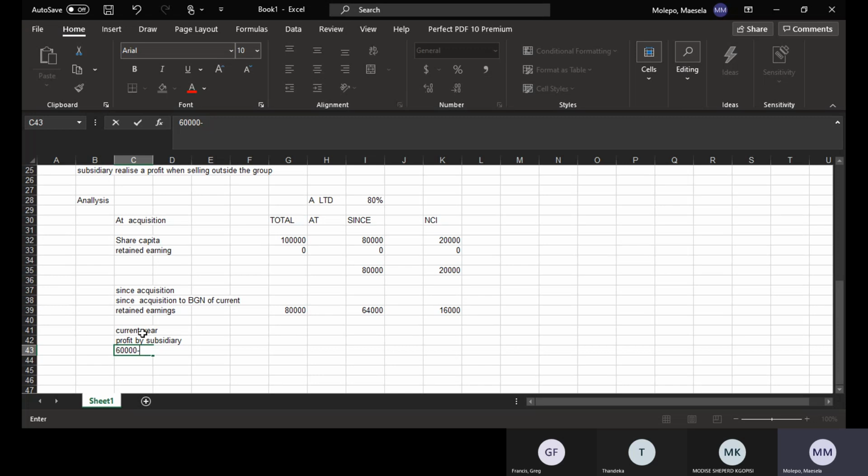Then we have a difference of 40. The 80% of that 40 is 32, and then we have the difference of 8,000.